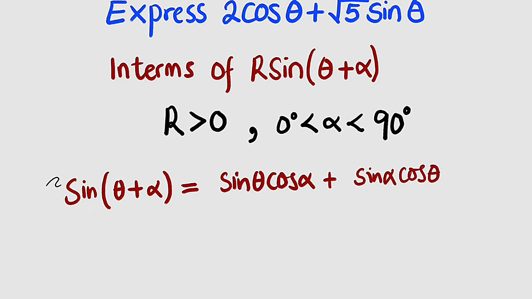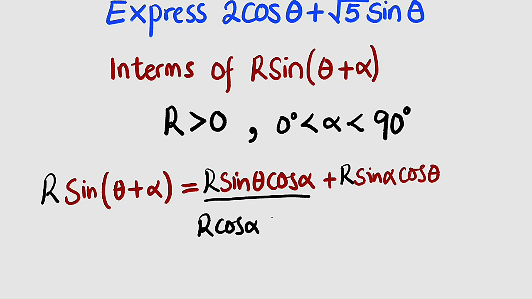But remember, we have r sine of that double angle, so we have to multiply everything by r. We can arrange this such that we have r cosine alpha multiplied by sine theta, and this one remains the same, r sine alpha cos theta.